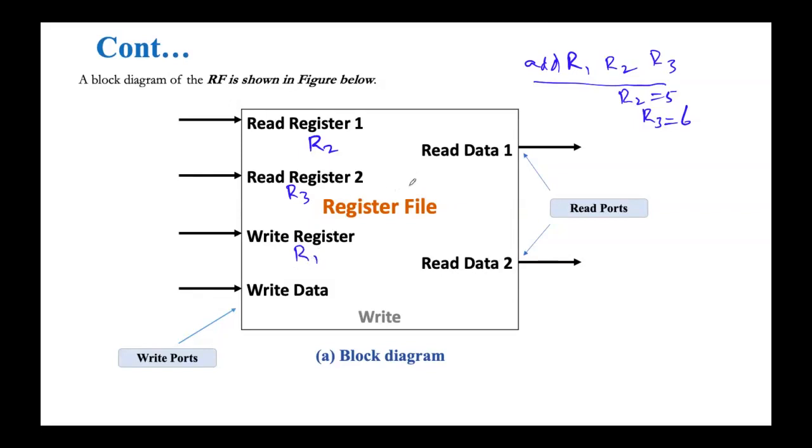Then the output of this register file gives read data 1, which means reading the value of R2. R2 is holding the value 5, so the output is 5 here. Read data 2 is R3, the second operand, which is holding the value 6, so the output of that is 6.